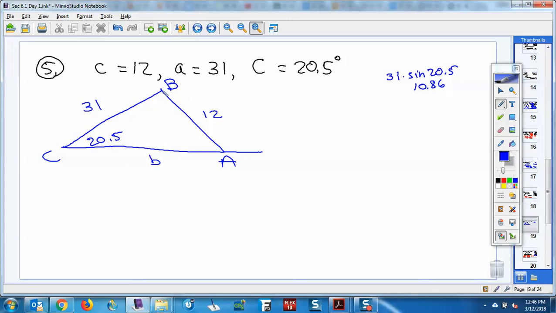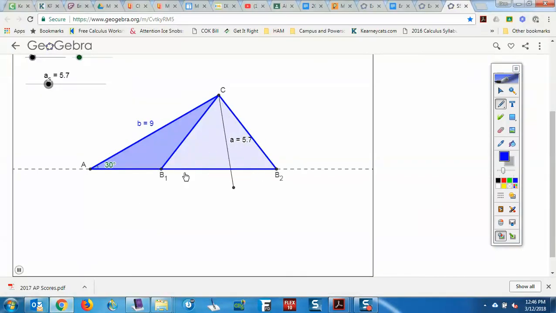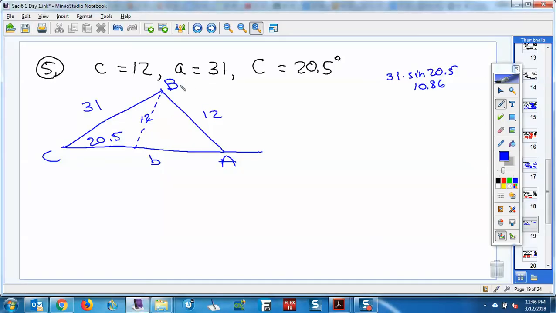So what are our 2 going to look like? They're going to look like this. A lot of times when I draw this in, I like to draw the picture we had right here, and there's my 2. The one where this is 12, but then it could be the one where this is 12 over here too. And those are my 2. When you get 2, I kind of like to draw that. That gives you this isosceles thing here.